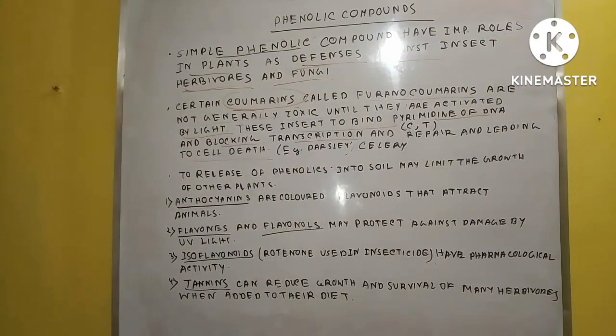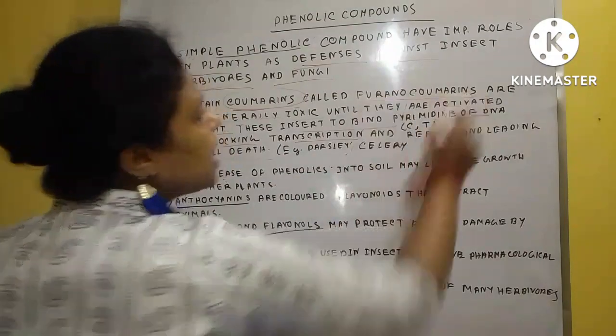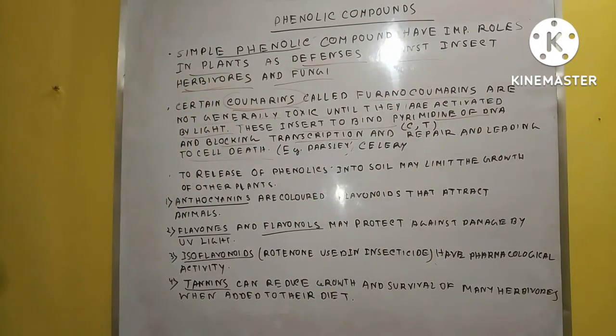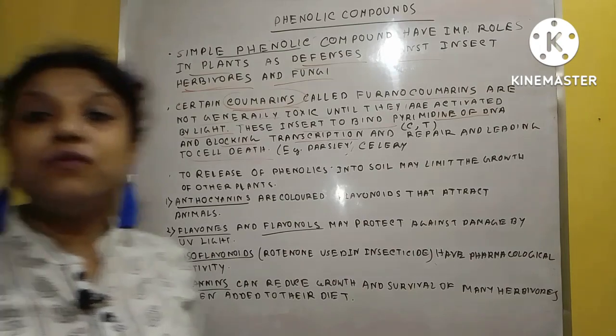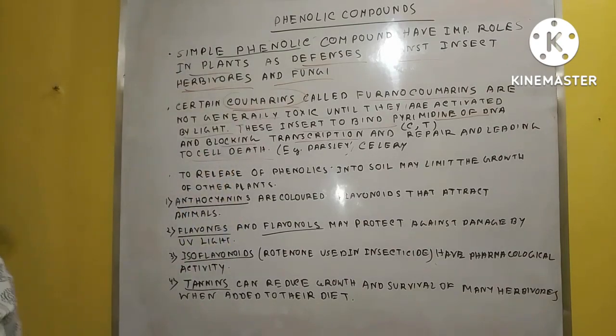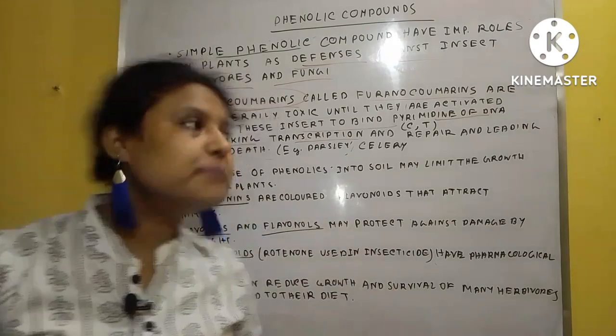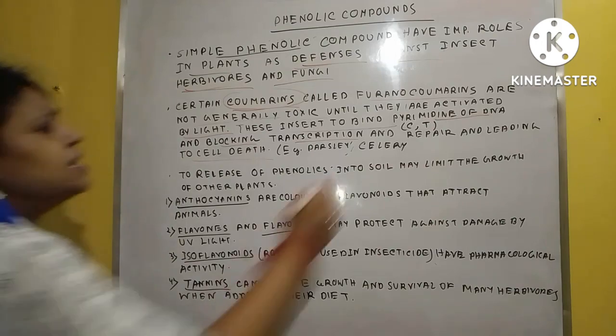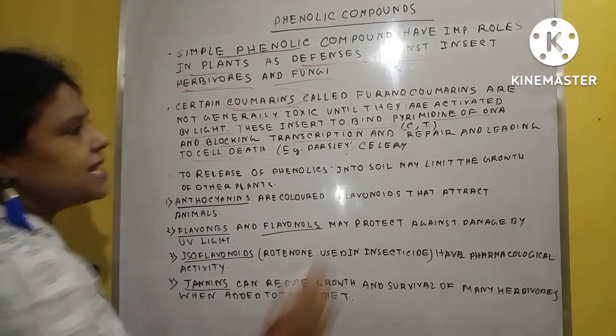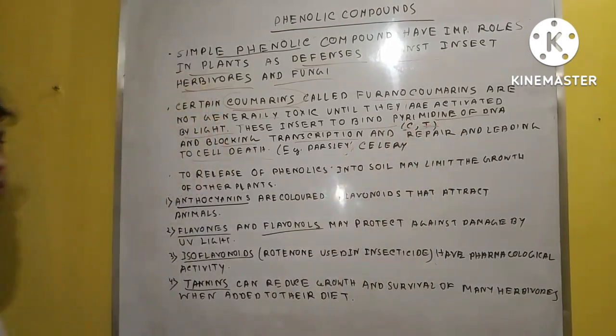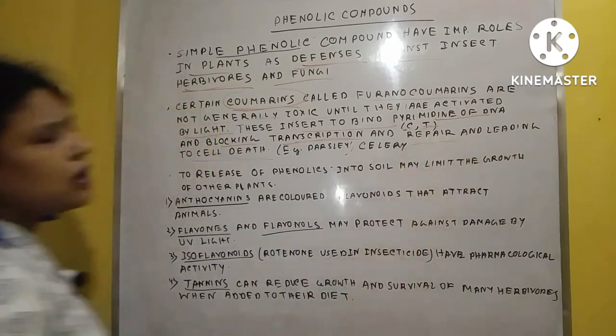They are activated only in the presence of light and become toxic, entering the DNA and binding to the C and T pyrimidine groups, stopping the transcription and repairing processes.